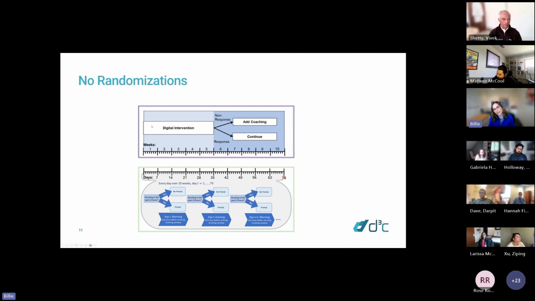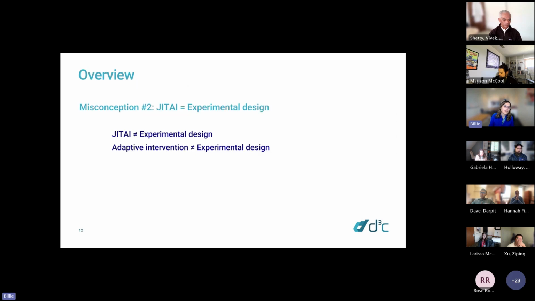This adaptive intervention is just a protocol that guides the coach in when and under what conditions they should come in and deliver brief coaching. And this is a protocol that guides the digital technology in deciding when, under what conditions, a prompt should be delivered. So these are protocols, adaptive interventions and JEDIs. They are intervention designs, not experimental designs, and there are no randomizations in JEDIs and standard adaptive interventions.